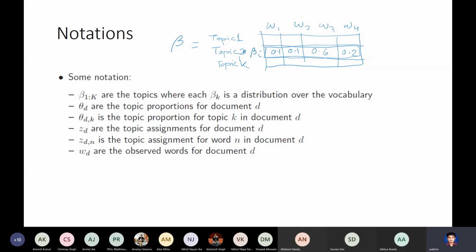Second quantity is the topic proportion for document D. So you have another matrix. You have two important ones. Another is the theta matrix. So the theta matrix is like this.